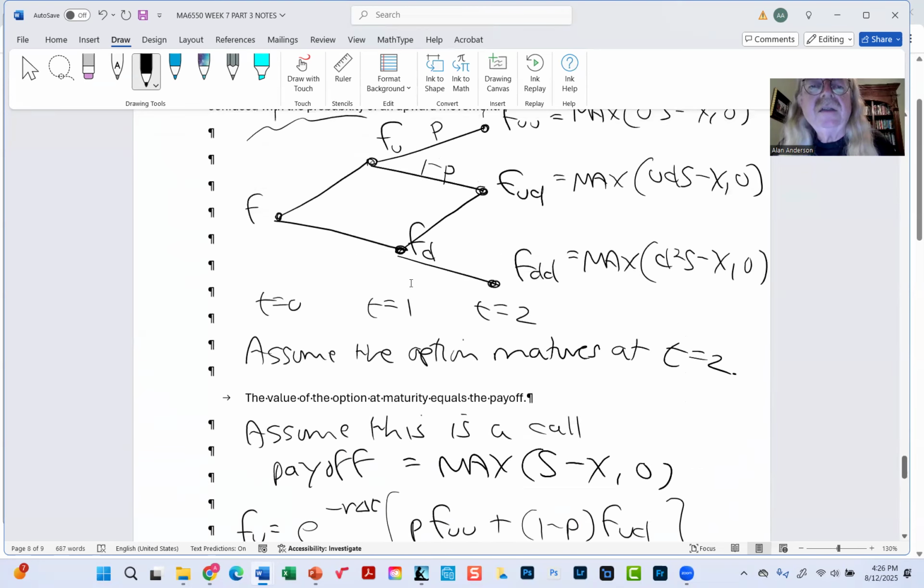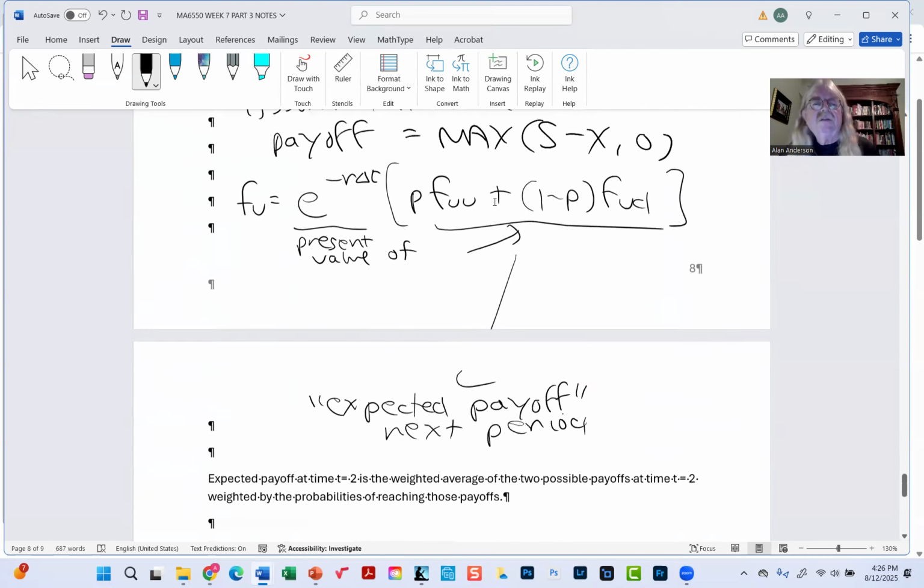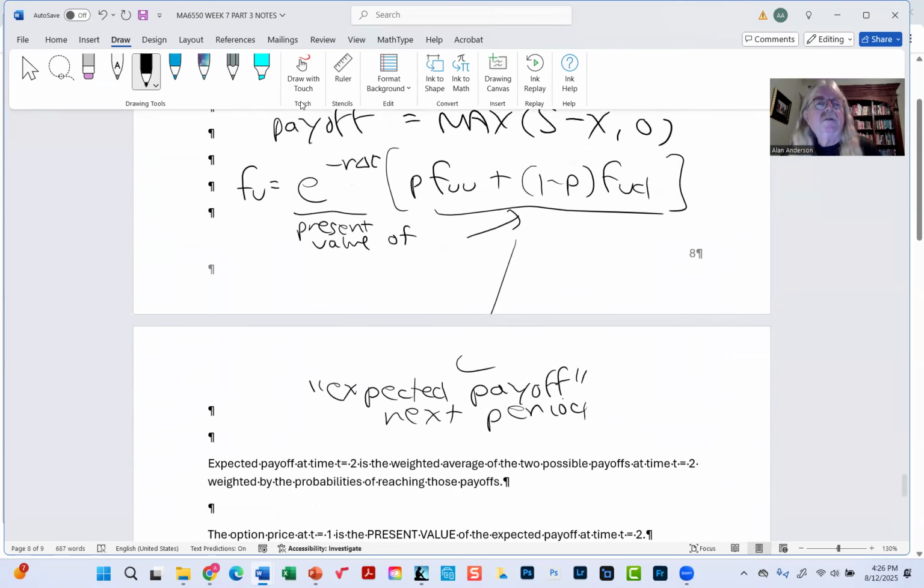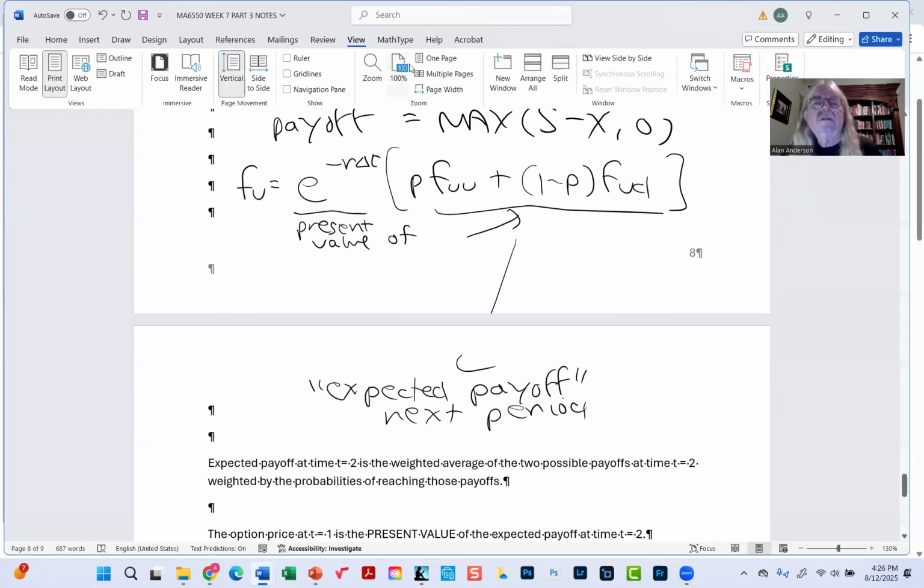It means F_D. If you notice that F_D, we can only reach F_UD and F_DD. Therefore, let's see what we can do there. So you can see it all at once.